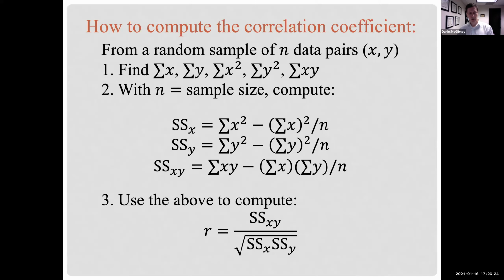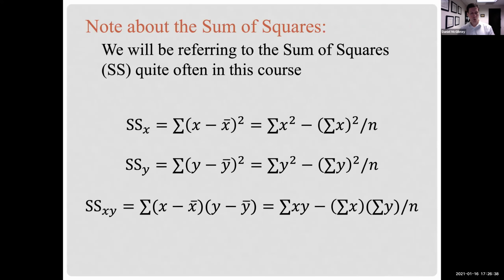Once you have calculated each of the sum of squares, you can calculate the correlation coefficient value using the equation at the bottom of the screen. One thing to note is that the equation for SSX is actually just the numerator of the variance.